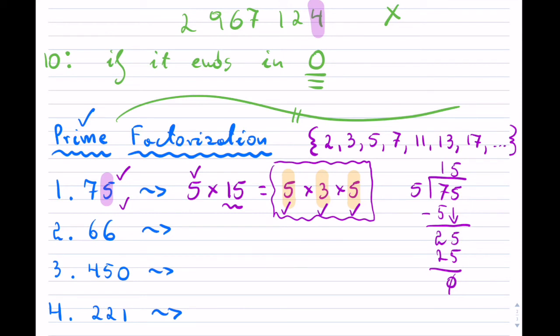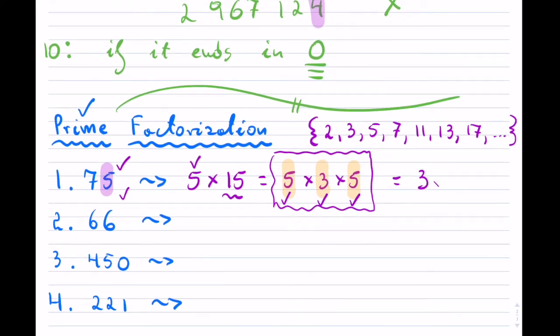The order, the way we write this, does not matter, and most of the time in math we try to write the smaller primes first and our larger primes afterwards. That's our first prime factorization of 75.